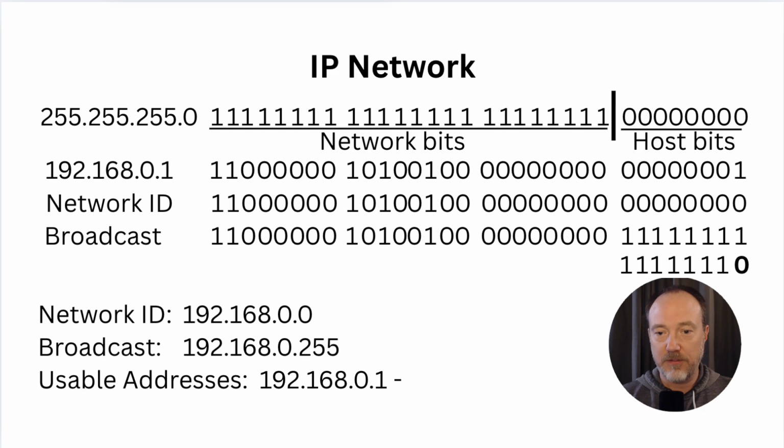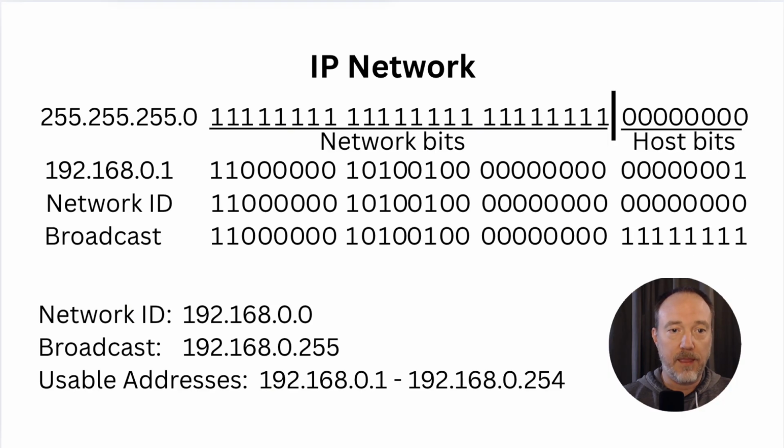If you're not sure how this conversion works, again, please review the binary, but that would result in 254 in decimal. So the last usable address in the range would be 192.168.0.254. Any address in between is going to be part of the same local network. And what the endpoint knows is that it can reach those endpoints directly at layer 3. It doesn't have to go through a default gateway.